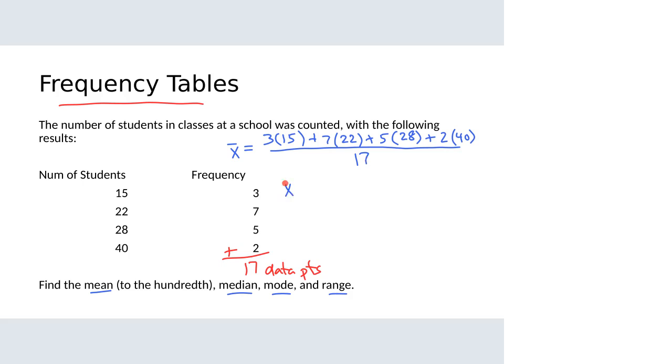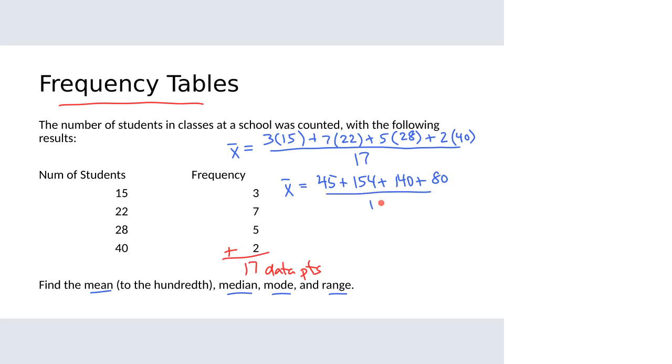So continuing here with our work on finding the mean, we'll have 3 times 15, that's 45. 7 times 22 is 154. 5 times 28 is 140. And 2 times 40 is 80.